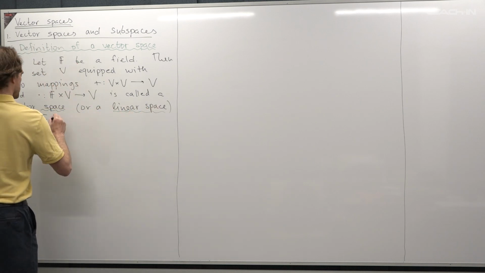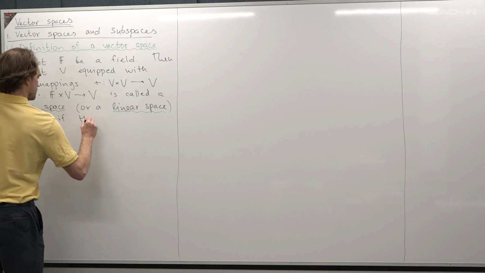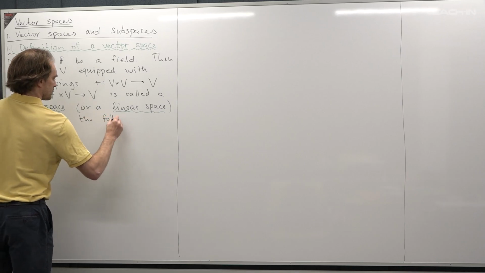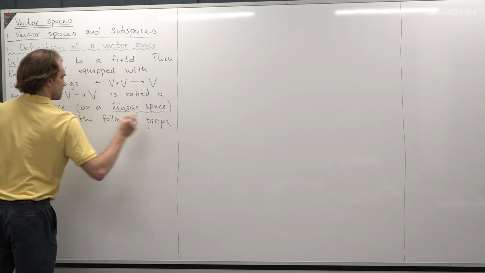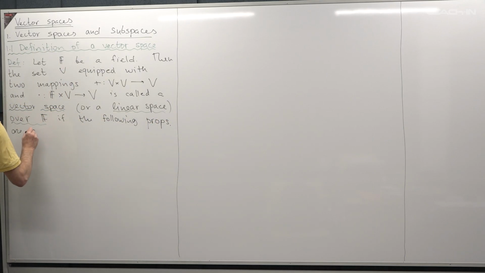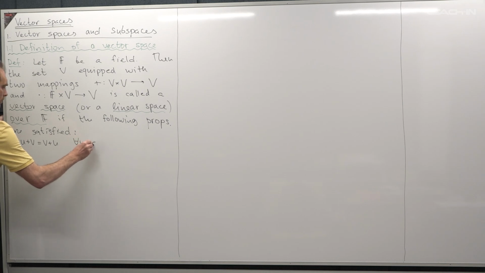if the following properties are satisfied. The first property is commutativity, so u plus v equals v plus u for all u and v from this set.